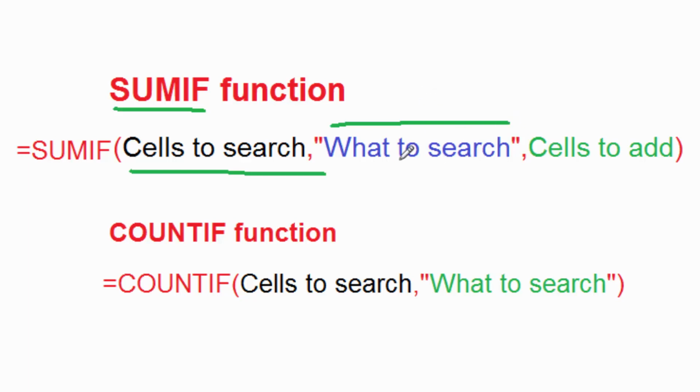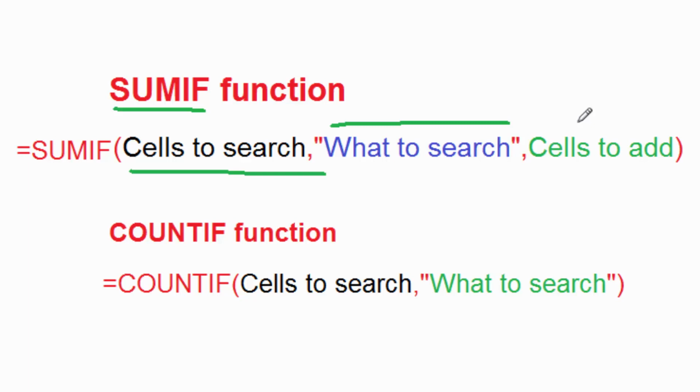In other words, in the first part of this function, we are giving Excel a range of cells where it will search the second item in this bracket. The third part of this function is the range of cells where we will get the figures to be added together, or summed.